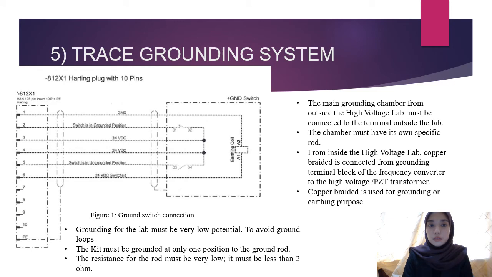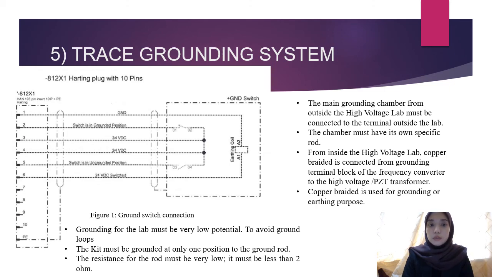It cannot mix with any kind of copper. From inside the high voltage lab, copper braid is connected from the grounding terminal block of the frequency converter to the high voltage transformer, also called the PZT transformer. The copper braid is used for grounding and earthing purposes.